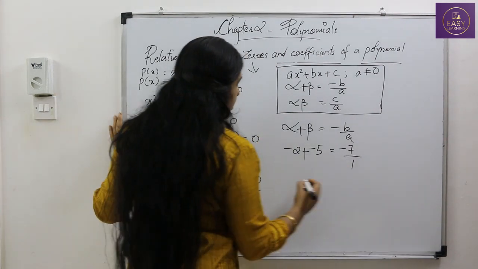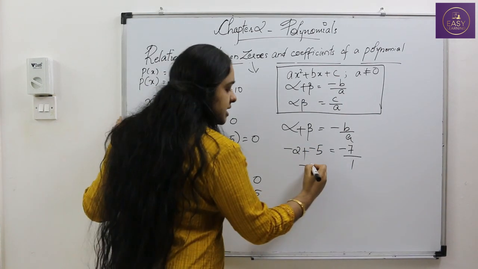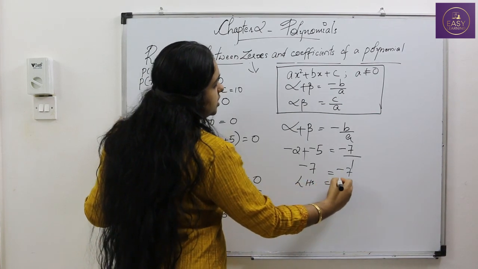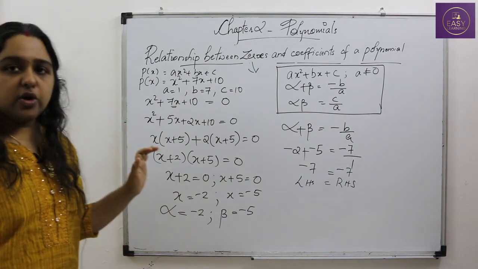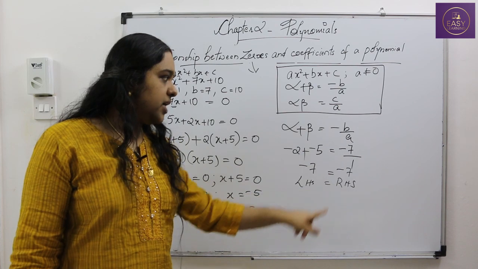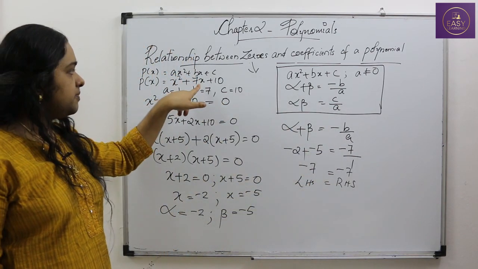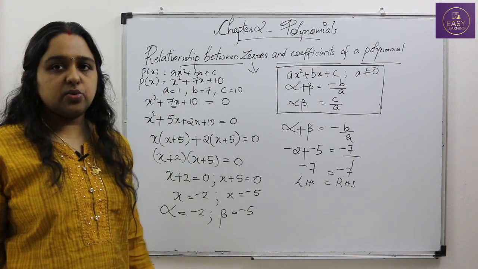Minus 2 plus minus 5 is minus 7, equals minus 7. LHS equals RHS. That means the sum of zeros of a quadratic polynomial is equal to minus b by a, minus the coefficient of x by the coefficient of x square.